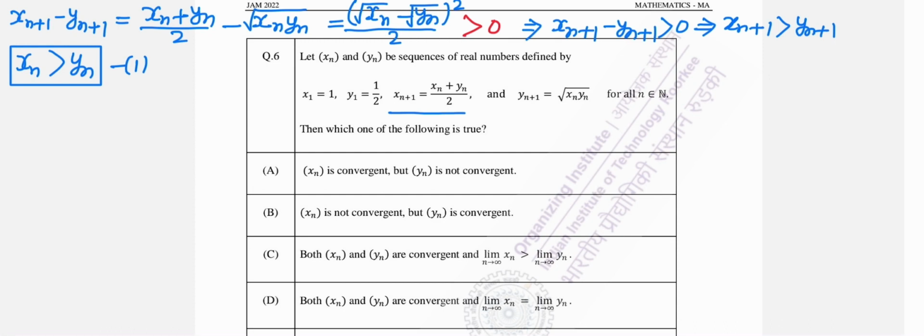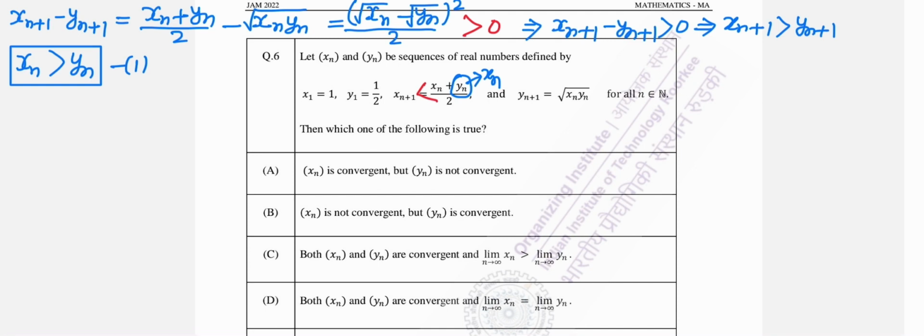So now I write this relation. If you observe this relation, you see that both these are equal. If I replace this y n with the greater number x n, you see here x n is greater, so what will happen, this side will be greater.